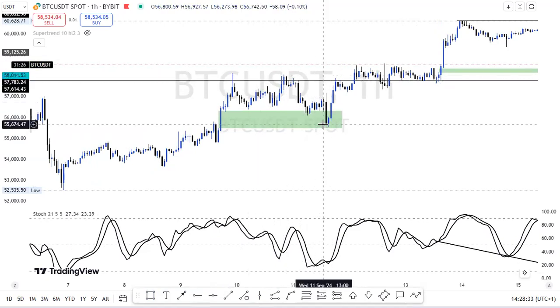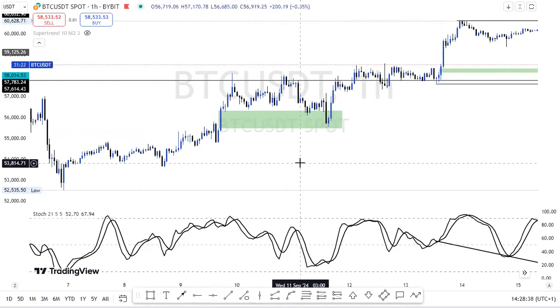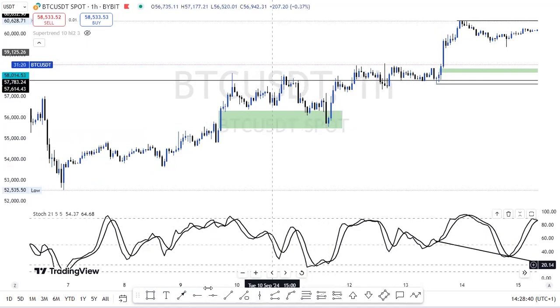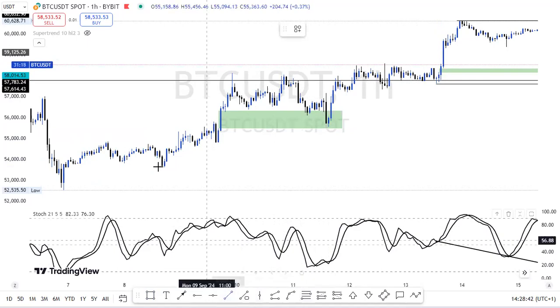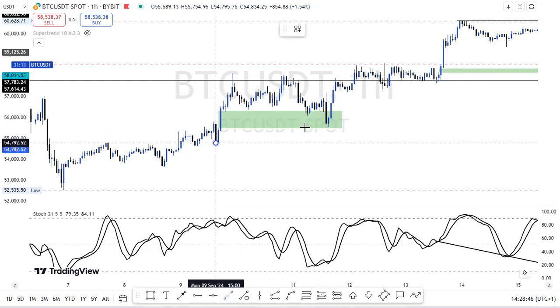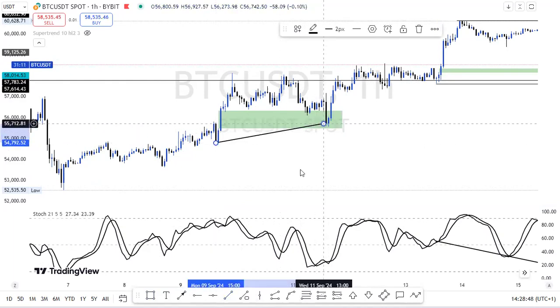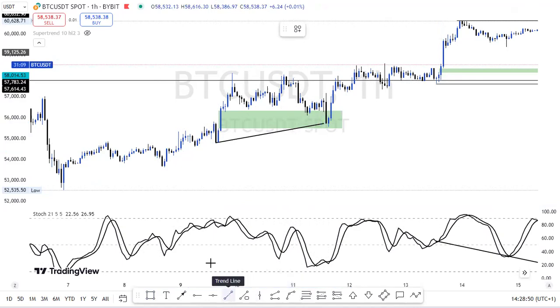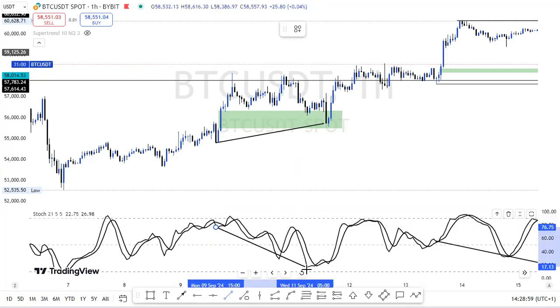Once price came inside those two, the fair value gap and the order block, the next thing you want to do is to read your momentum. How do you read your momentum? Pick your range from this low all the way to where your retracement has happened, and at the same time, look at the same exact spots on your momentum and then mark it out. Boom. From there to where price is.